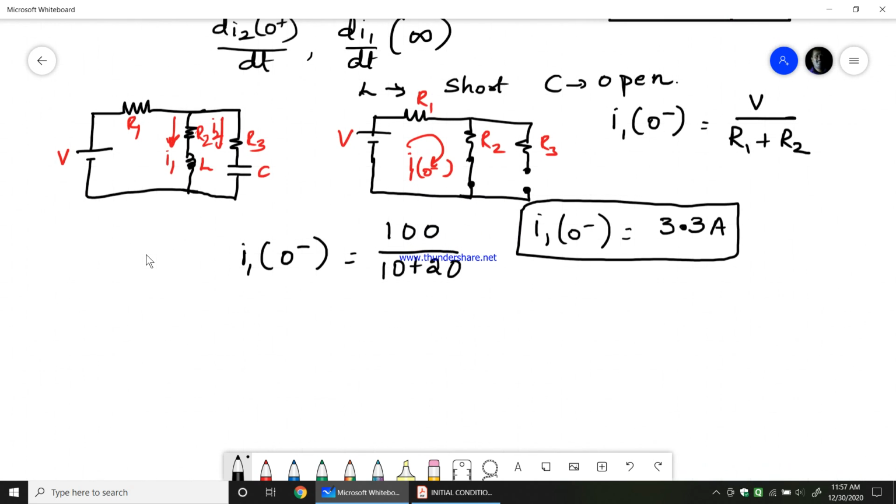Now to find out I2 of 0 minus, as the capacitor is open, I2 of 0 minus will be 0 amps.